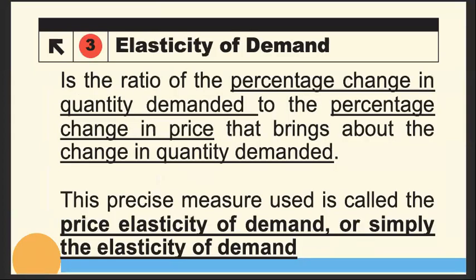Now, elasticity of demand is the ratio of the percentage change in quantity demanded to the percentage change in price that brings about the change in quantity demanded. This precise measure is called the price elasticity of demand, or simply the elasticity of demand.